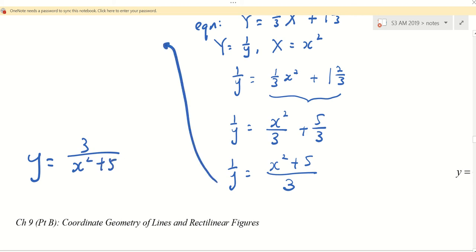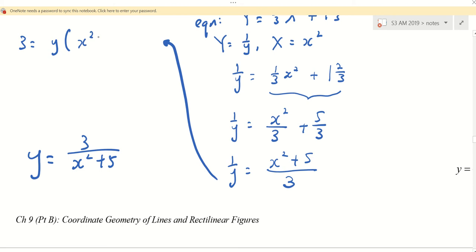But some of you do not like the method. You will say, teacher, can I cross multiply? Actually, yes. Do you see I cross multiply, it becomes like that? Then one more step, you'll be like that, because divide by X squared plus 5. Who is confused how I get this step?